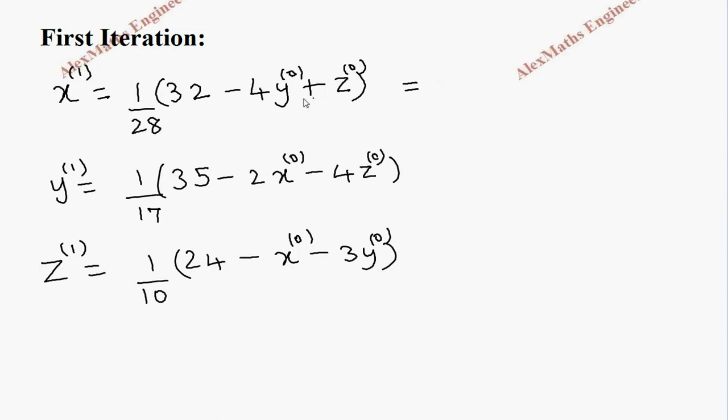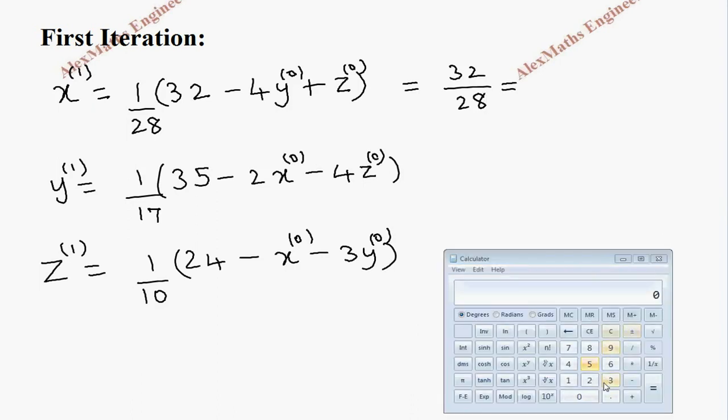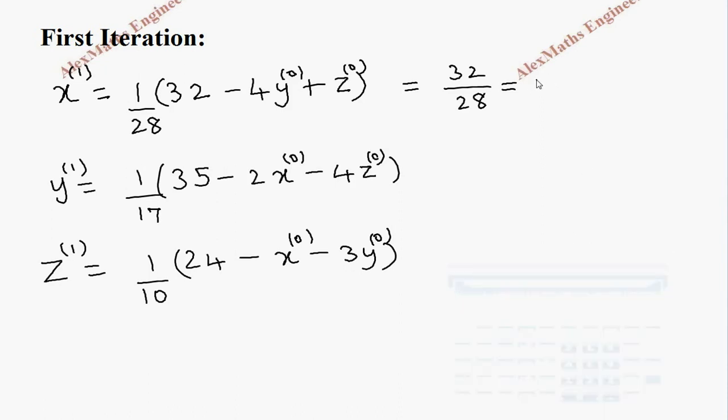From this, when these two are 0, the value will be 32 by 28. After division, we use the calculator. 32 divided by 28, we are going to round to 4 decimal places, is 1.1429. In the same way, this is 35 divided by 17.